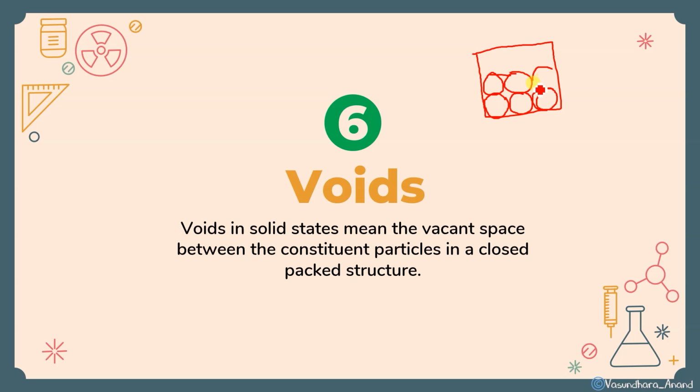So what will happen? You will get some empty space, isn't it? Let me show you with the other color, and I have already shown you this in the 3D animation. This empty space is called void. You cannot fit another sphere in this, because the sphere is bigger than the void, so you cannot put any other sphere in that. Clear?